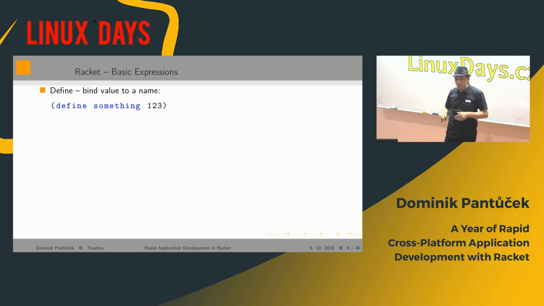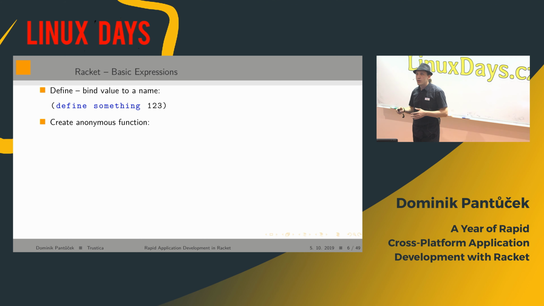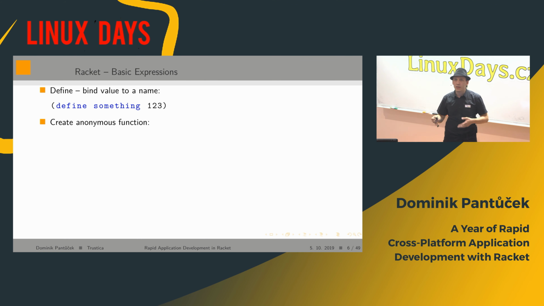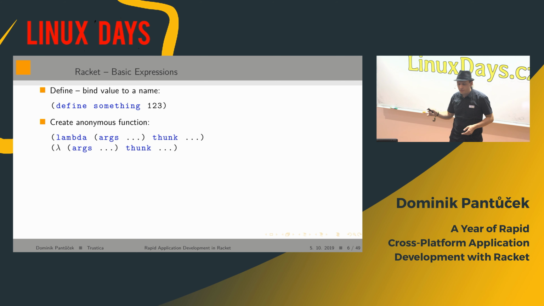That's 123, the number. If we want to create an anonymous function, because in most languages that arise from Lisp, functions are a normal data type, like a number or a string, there must be a way to create a function value, and there is. It's lambda. Lambda, then we give an argument list, which might be empty, and then we give some expressions for what it should do.